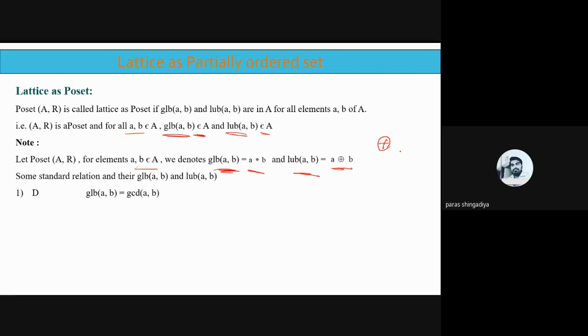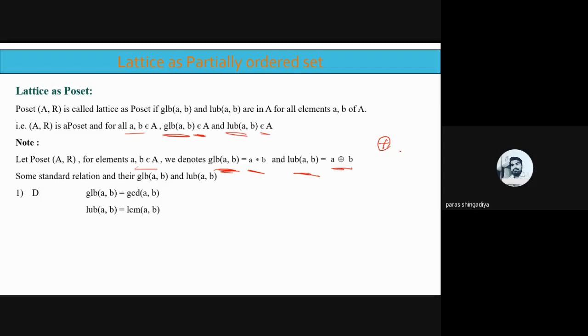So the first relation is the divide relation. For example, a set is given with the divide relation, such as 18 divides, 21 divides. Based on the divide relation, we can find the GLB, the greatest lower bound, which is equal to the GCD of the two numbers, and LUB of a, b is called the LCM of the two numbers.